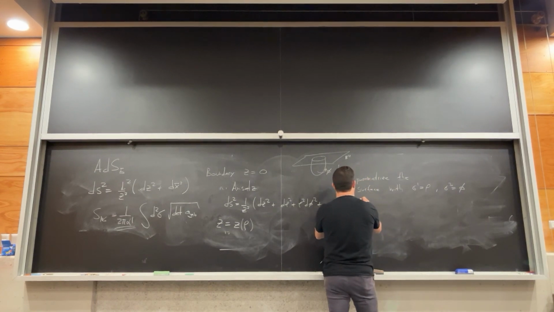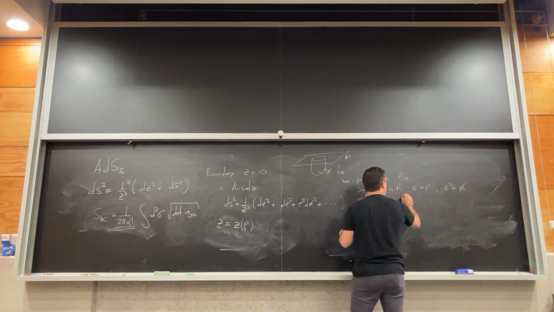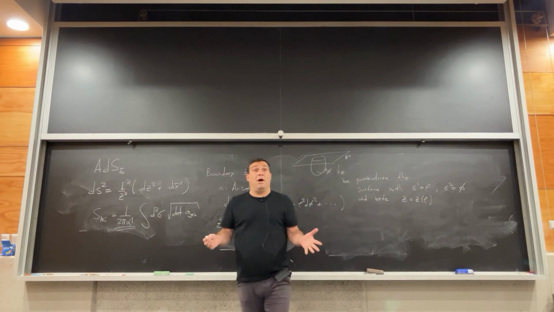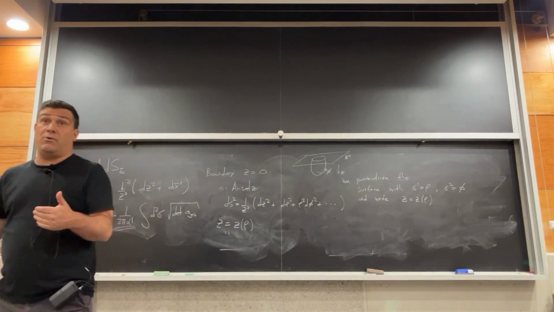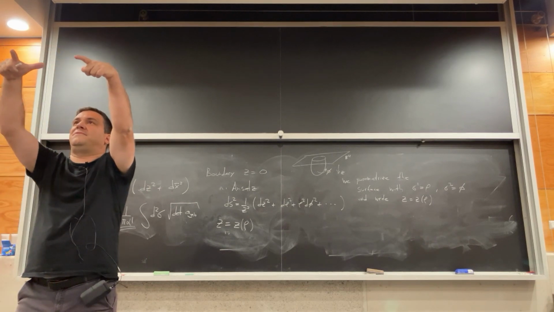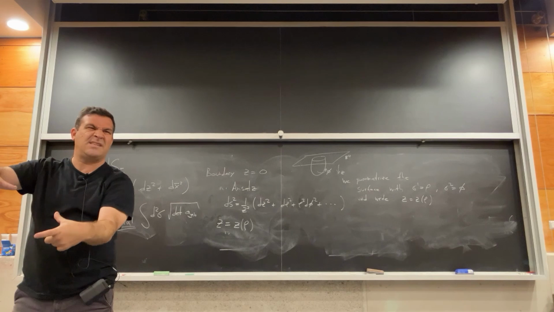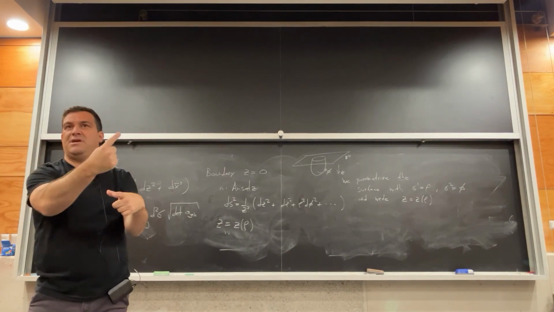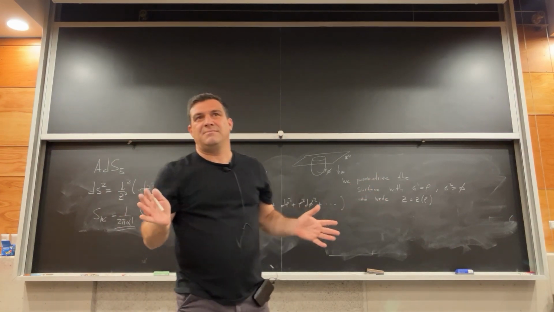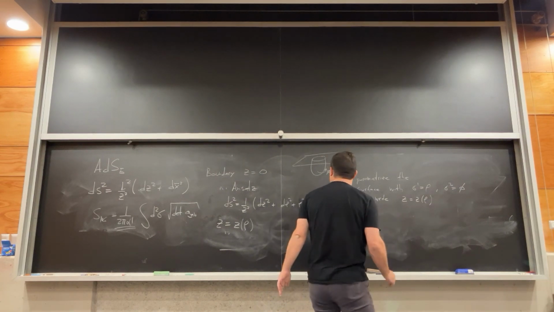And then z is some function of rho. I could write z as a function of phi or rho and phi as well, but that would be weird, because I don't expect the minimal surface to do that. I expect the minimal surface to have symmetry in phi. Maybe it's wrong, but that's the whole point of an ansatz, to simplify things and see if it works.